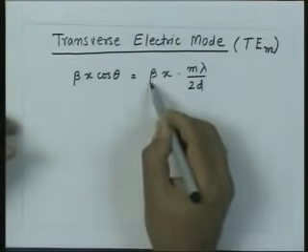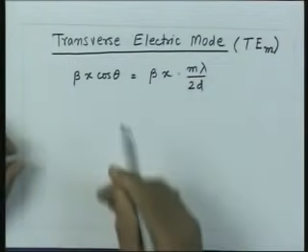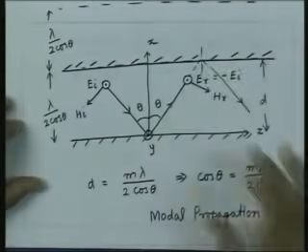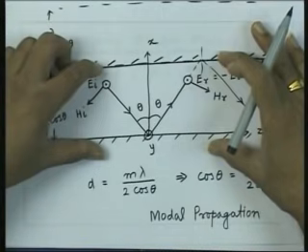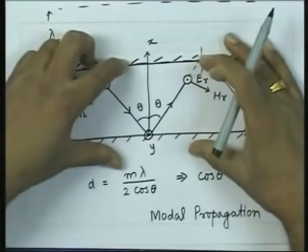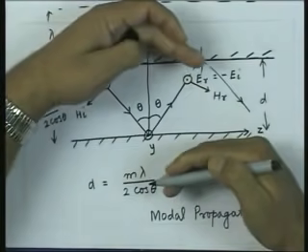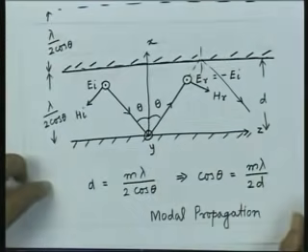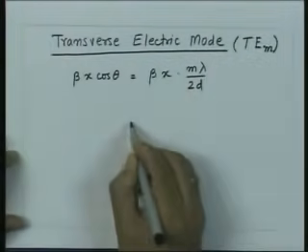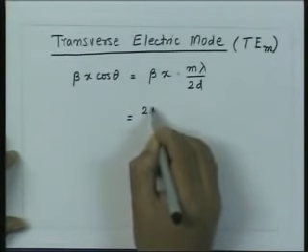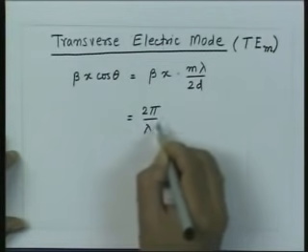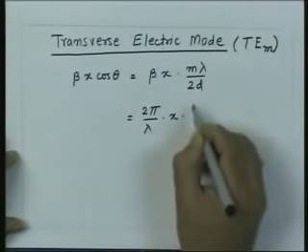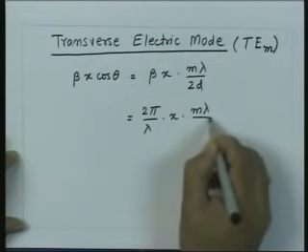Now, beta we know is the phase constant in medium 1, and now there is no medium 1 as such, it is the medium which is filling this waveguide. That means the medium which is filling the space between these two conducting planes. So, that phase constant is 2 pi by lambda times m lambda divided by 2d.